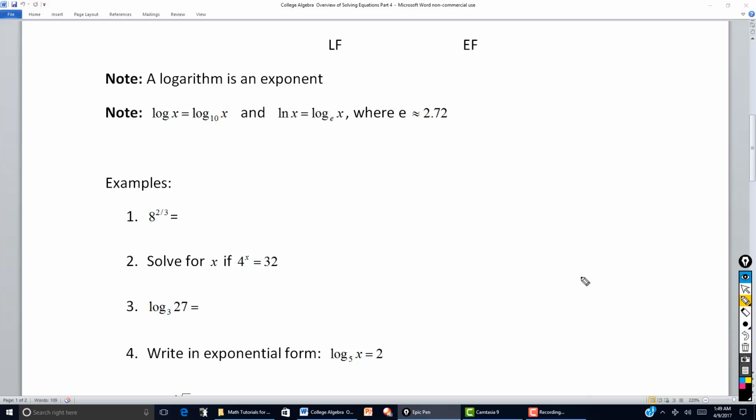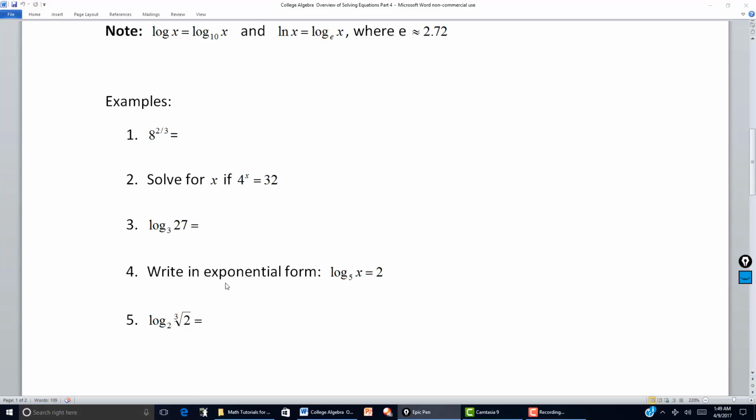The next one, number 4: write in exponential form. Well, again, in exponential form, if you look at the definition, it's just this expression here. Whatever is right here, where the x is, has to equal whatever the base is taken to the power.